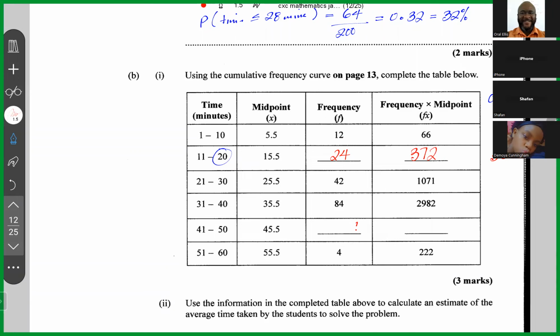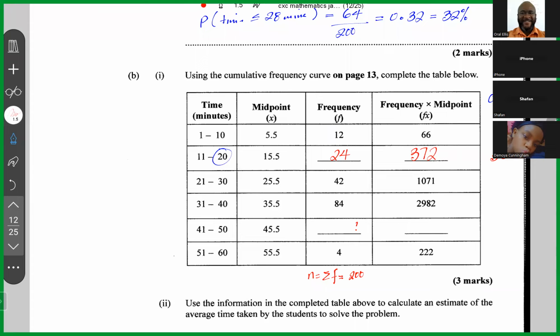Now to get the frequency here, I'm going to use the fact that the sum of the frequencies must be equal to the number of values, which is 200. So to get the frequency for the class 41 to 50, I'm simply going to add up all the frequencies and take them away from 200.